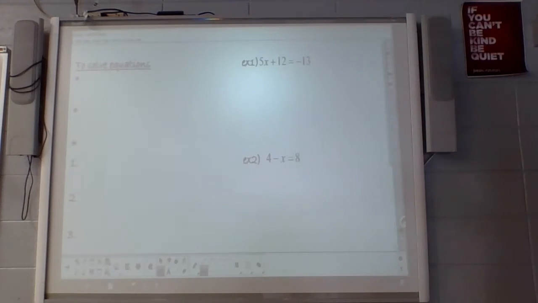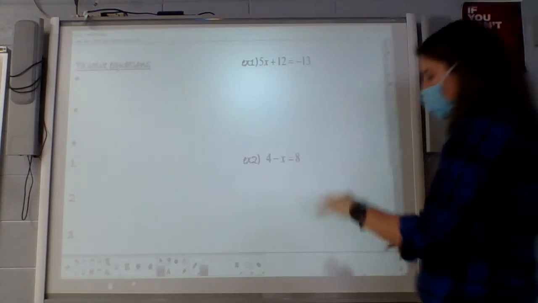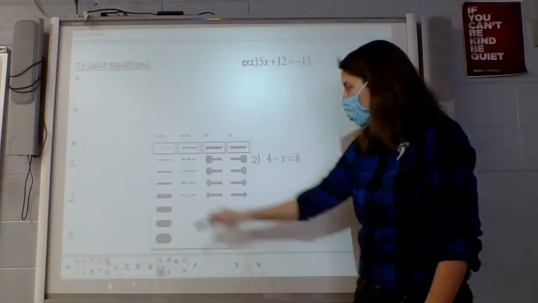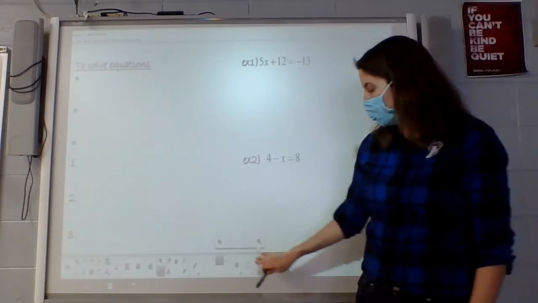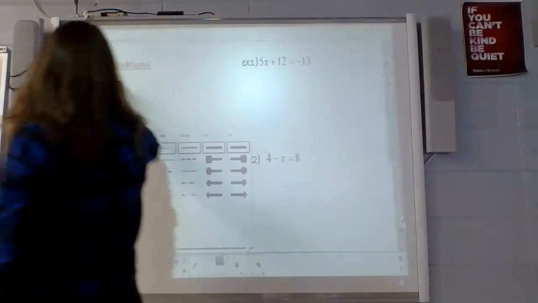So when we're solving equations, you're going to hear me say the same things all the time, because you have to get in the mindset of solving equations. So I'm trying to find the x value that works for this. So in order to do that, I'm always going to say we're going to undo whatever's happening to the variable.